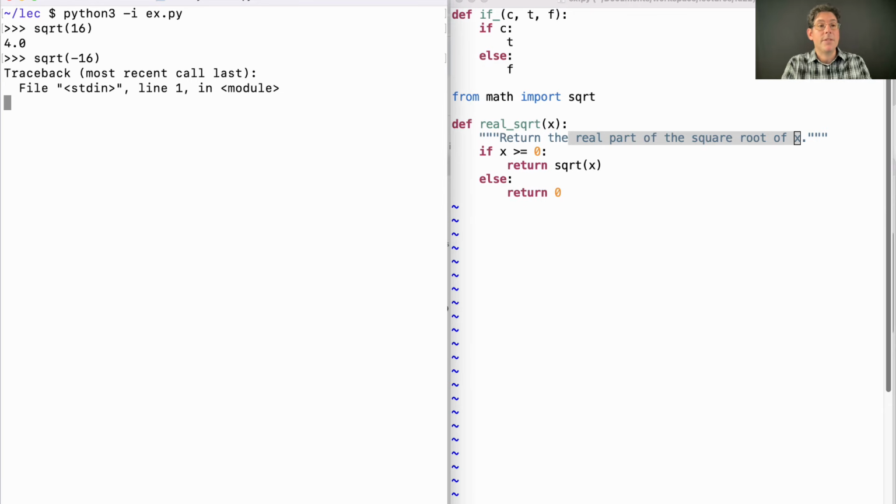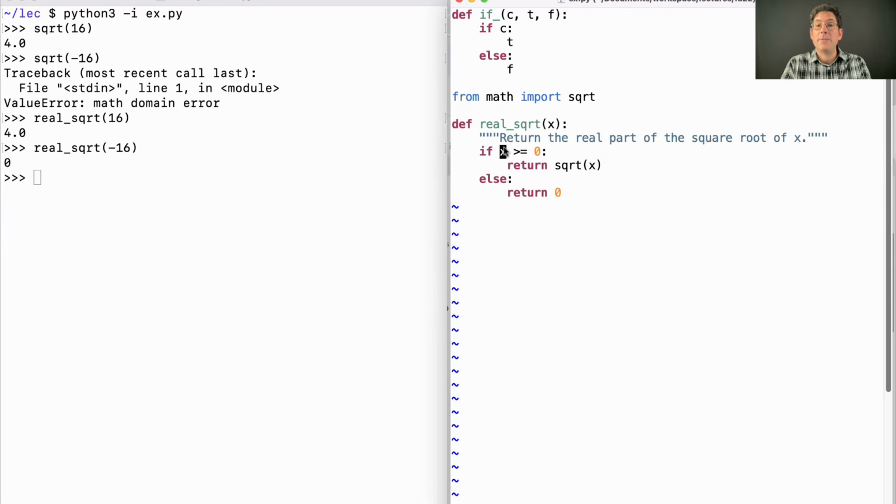But the built-in function would tell us that the square root of negative 16 is an error. We don't want that behavior. Instead, we want to know that for positive numbers, the real component of the square root is 4, and for negative numbers, it's 0, because the whole square root is imaginary. And this implementation works just fine, because in the case when x is non-negative, it computes the square root, and in the other case, it just skips over that and returns 0.